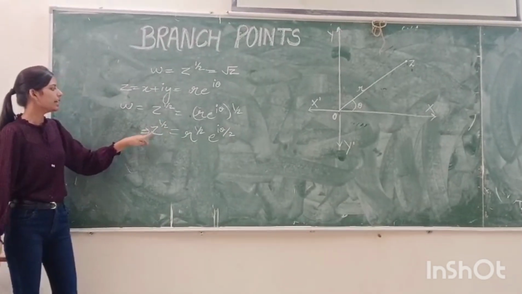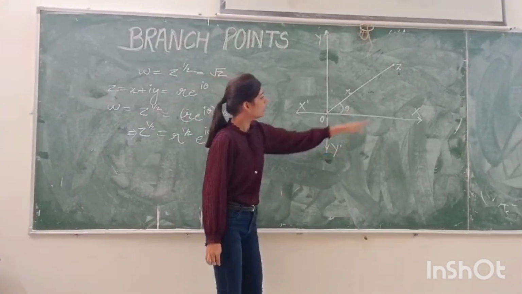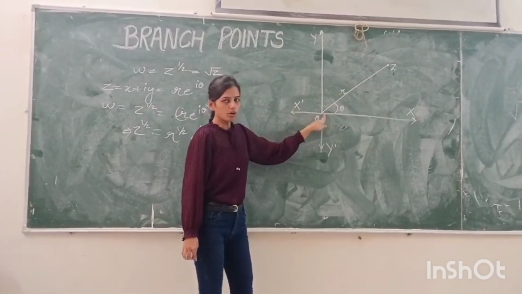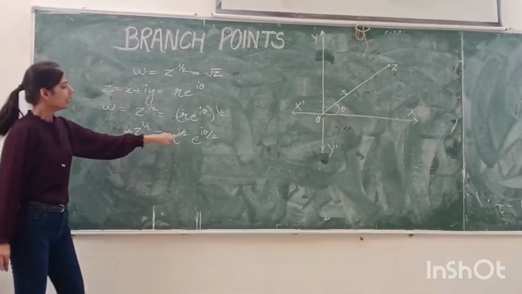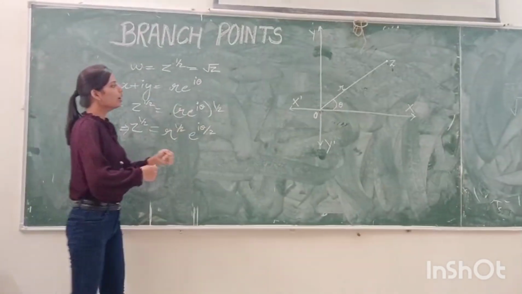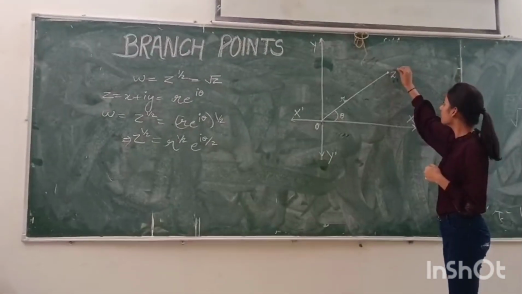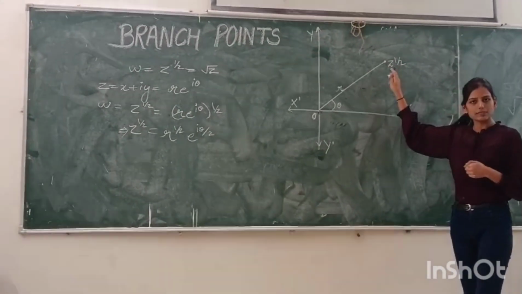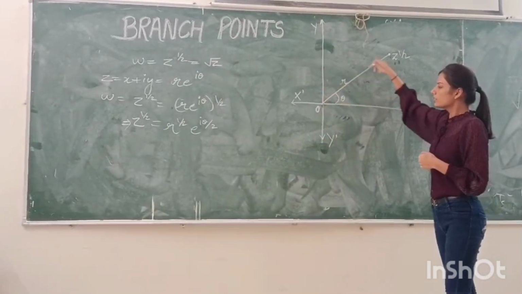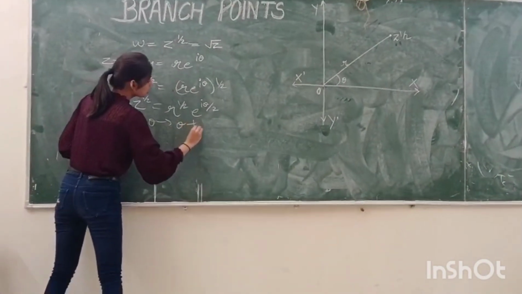So this function z power half, I am going to rotate around the origin. So here what I will change is theta, which will be replaced by theta plus 2 pi, because I am rotating this function around the origin. Therefore, theta will be changed to theta plus 2 pi.